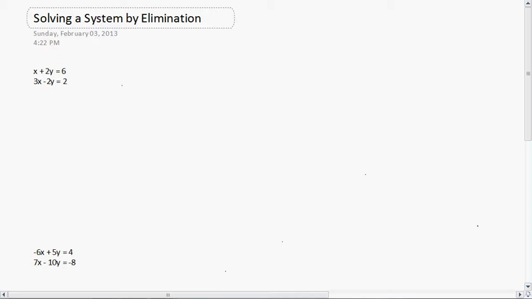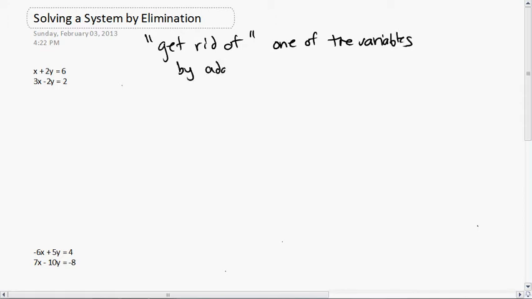The first system is pretty straightforward to use elimination, and elimination means that you want to get rid of one of the variables by adding or subtracting the 2 equations. So that's going to be our approach to add or subtract.